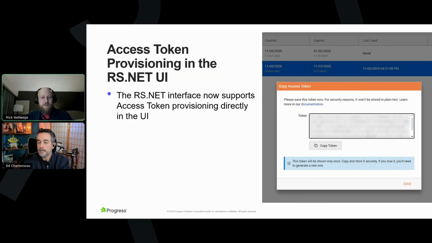That would be a component in our reporting SDK library that we talked about previously, Telerik Reporting, or Telerik Reporting SDK, as I call it. So with reportserver.net as the backend and Telerik Reporting SDK as the front end, you can use one of these access tokens to tie the two together in a very secure and very narrow way, providing access to one or many reports for your authorized users.